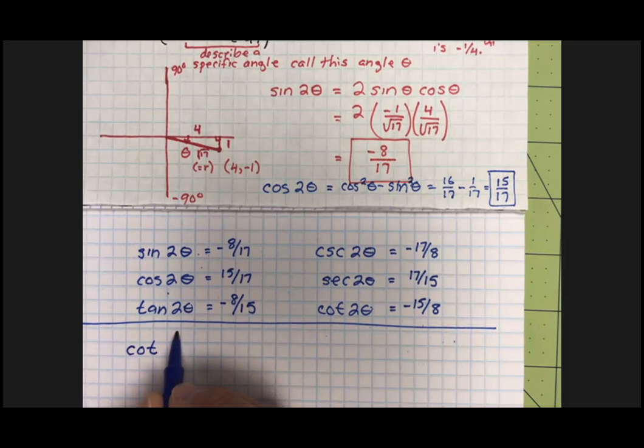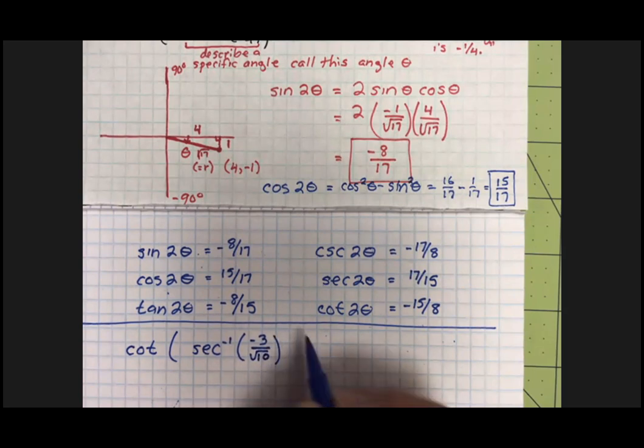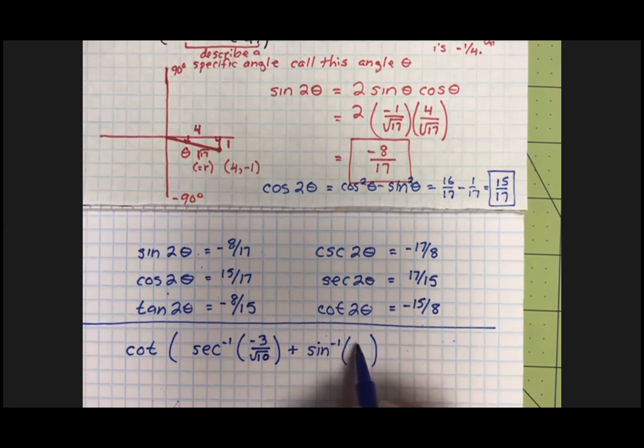Cotangent of secant inverse of minus 3 over root 10 plus sine inverse of 1/5.